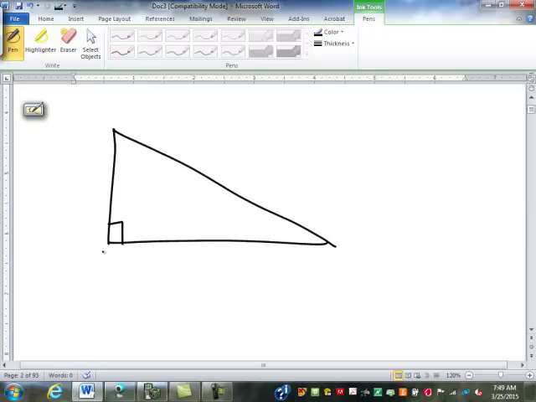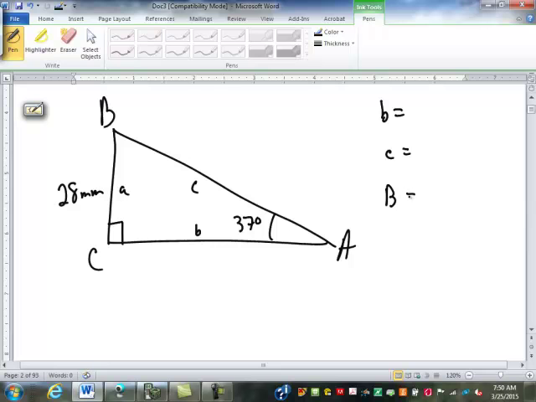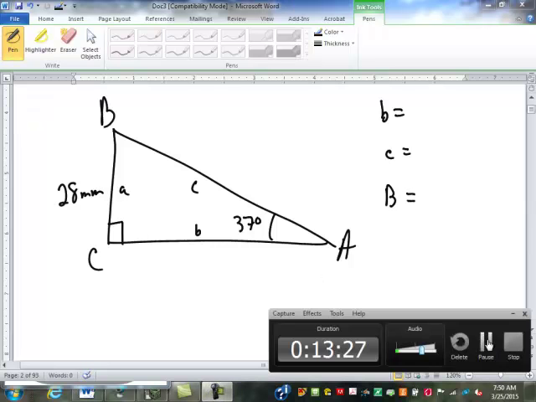Pretend that looks like a right angle. Pretending. Let's say that this is 28 millimeters, and this angle here is 37 degrees. I want you to find side B, side C, and angle B. I'll give you a minute.